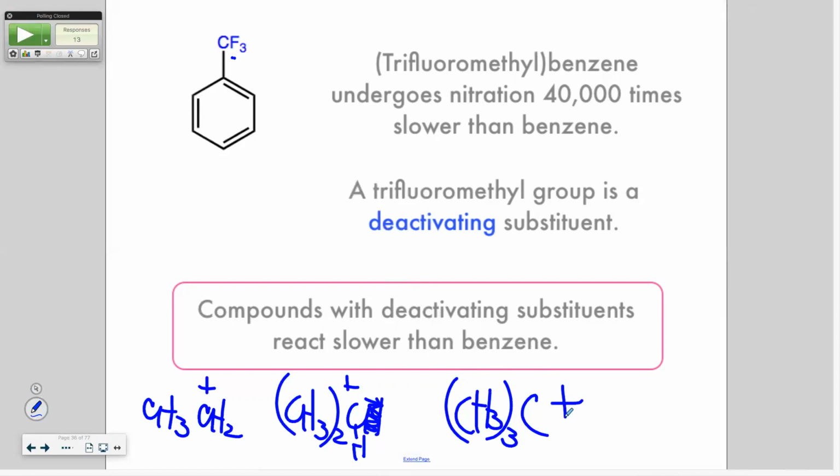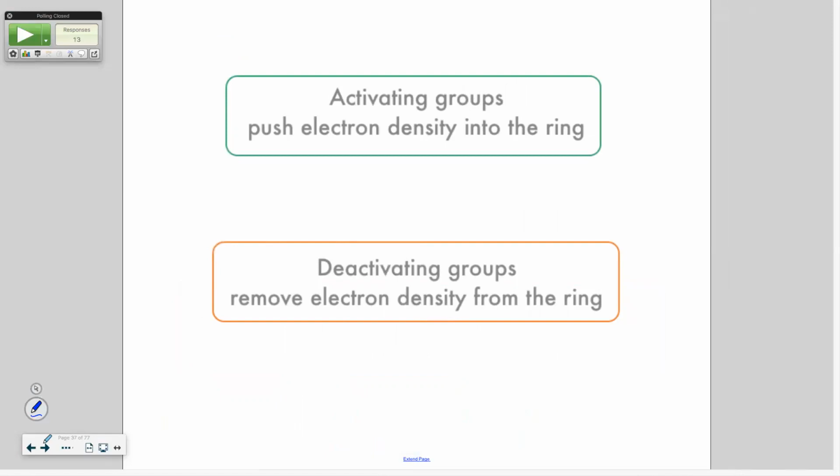So if you push electron density into the benzene ring, that makes it easier for it to react with an electrophile. Because remember, the benzene ring is breaking its aromaticity and pushing electrons towards that electrophile. Okay, so it's the same basic principle as that. Okay, so activating groups push electron density into the ring. Deactivating groups pull electron density away from the ring, out of the ring. Out might be better than from, I don't know. Probably doesn't matter. Are y'all writing there? No. Just give you a whole blank.